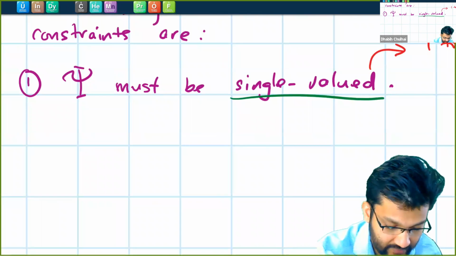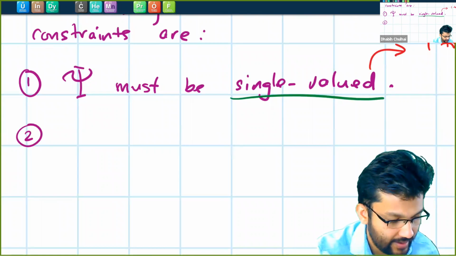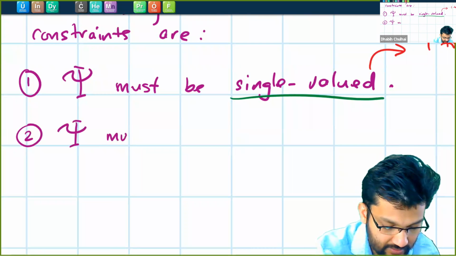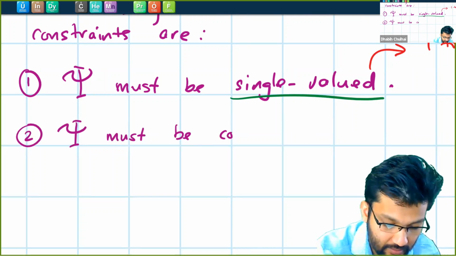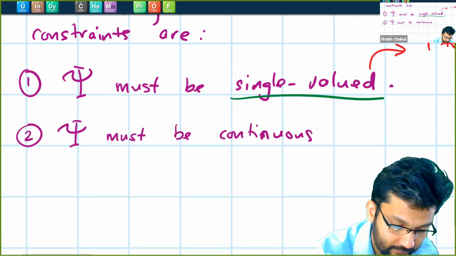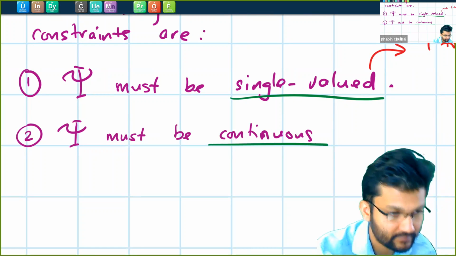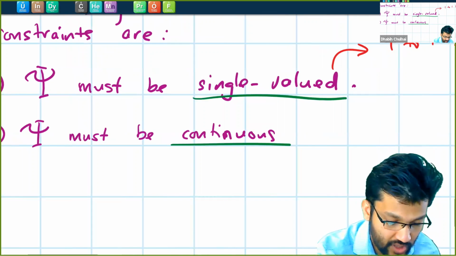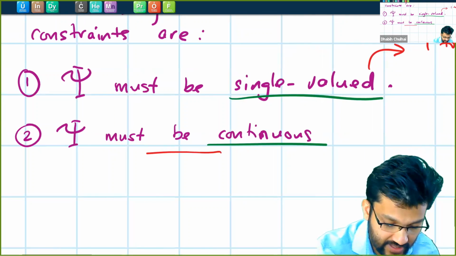All right, let's look at another one. Psi must be continuous. I think we all have an idea of what continuous means.